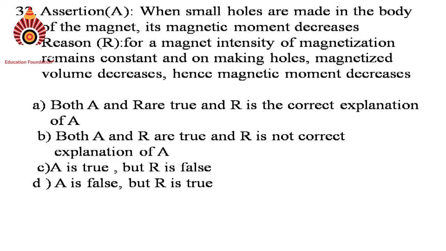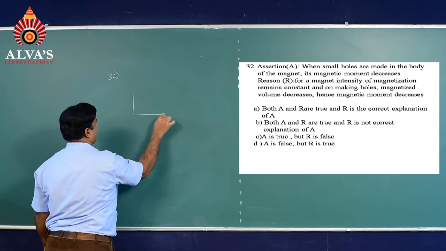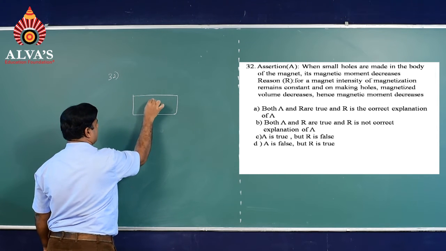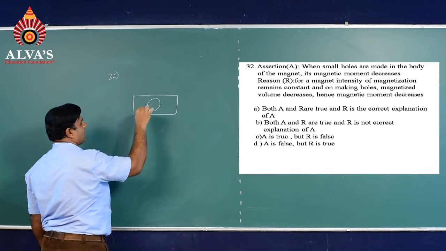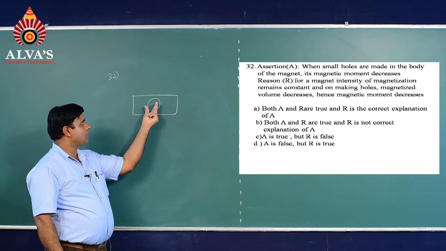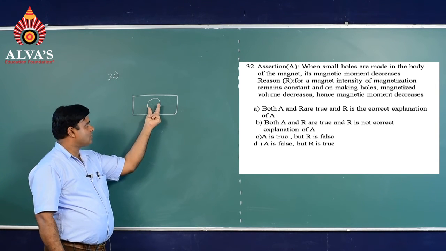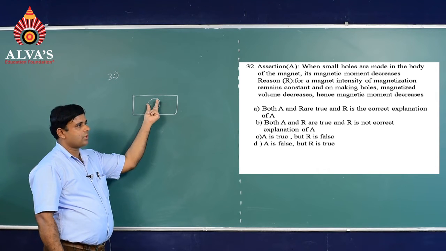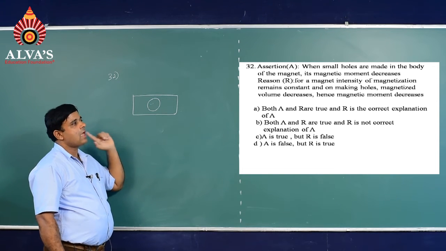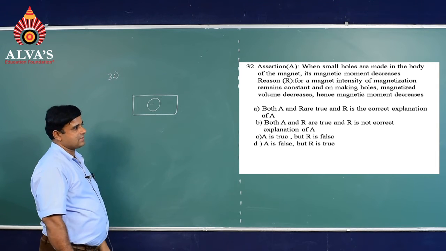Assertion: when small holes are made in the body of a magnet, its magnetic moment decreases. Reason: for a magnet, intensity of magnetization remains constant, and on making holes, magnetized volume decreases, hence magnetic moment decreases. Whenever a certain part of the magnet is removed, that much volume is reduced and the corresponding magnetic dipoles are removed, therefore magnetic moment decreases, but intensity of magnetization remains the same.